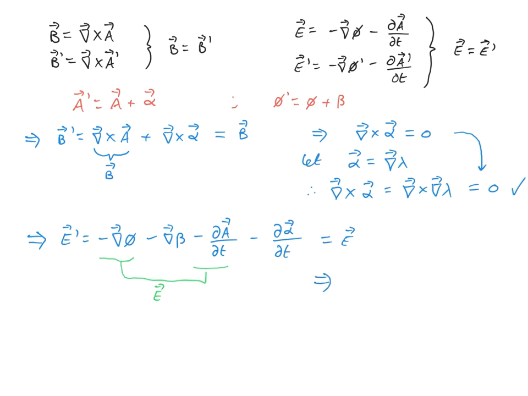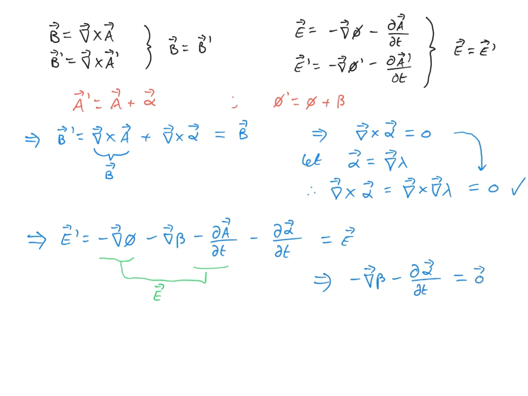And therefore we have another constraint equation on the form of alpha and beta, namely that the gradient of beta minus the time derivative of alpha must be equal to 0.